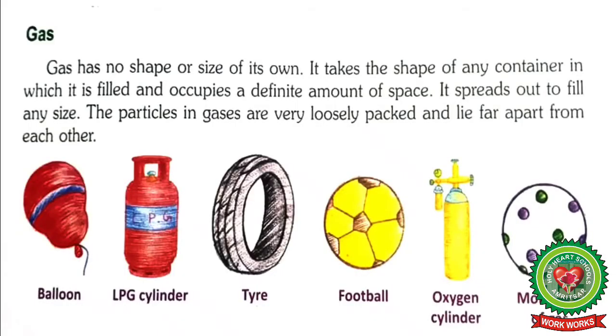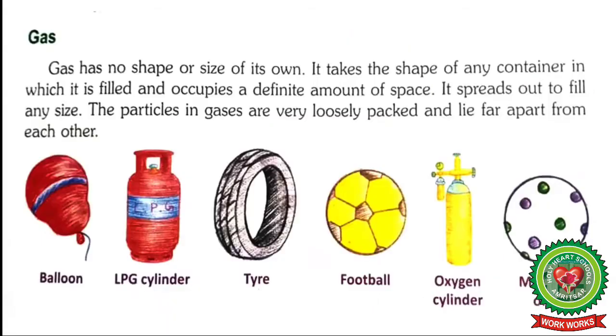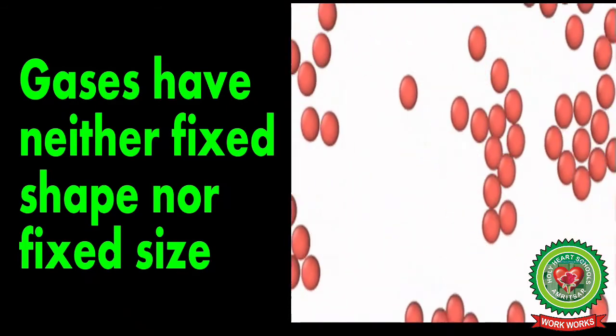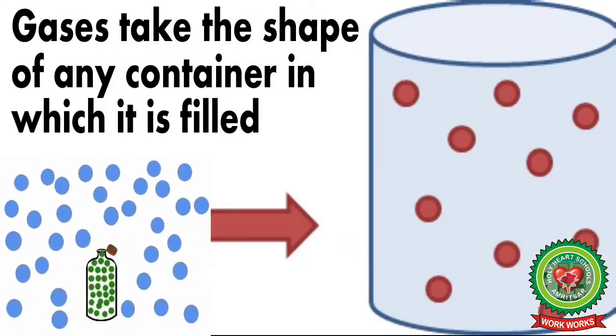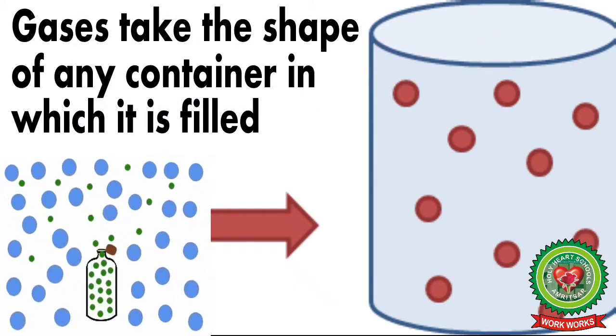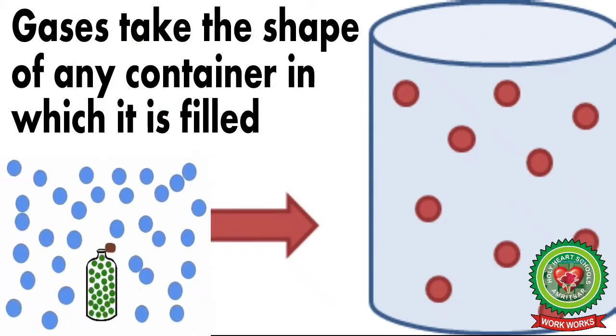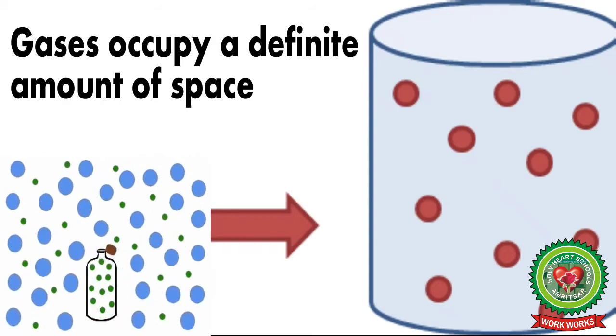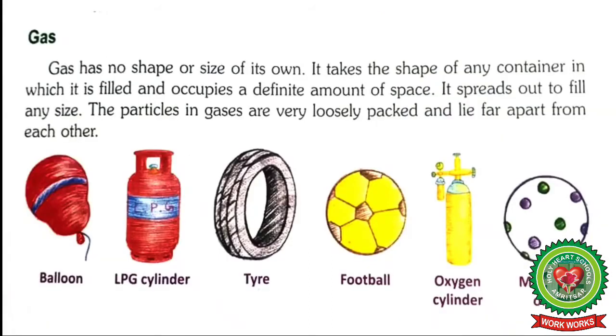Now, the next state of matter is gas. Gas has no shape or size of its own. So, gases have neither fixed shape nor fixed size. It takes the shape of any container in which it is filled and occupies a definite amount of space. It spreads out to fill any size.